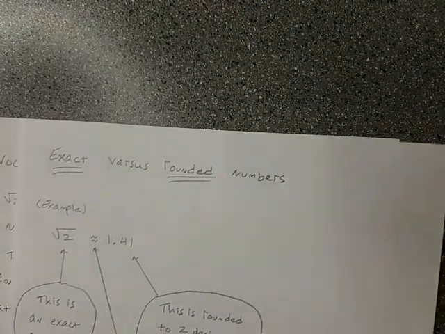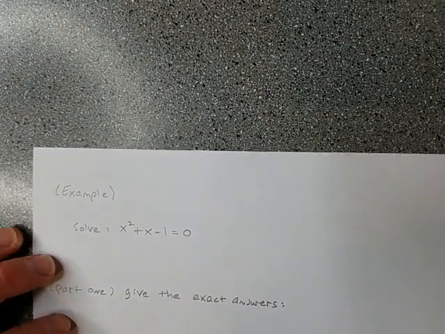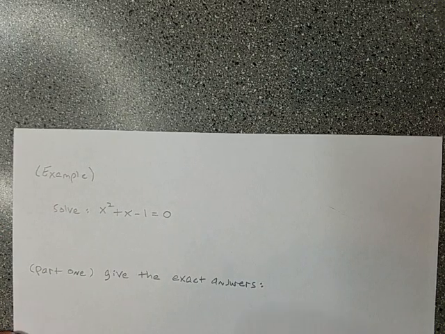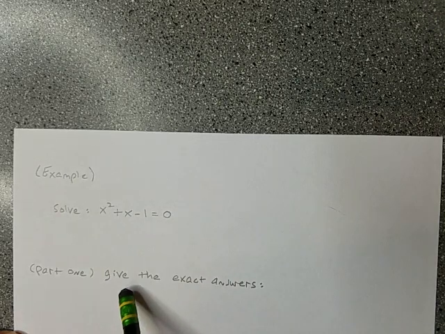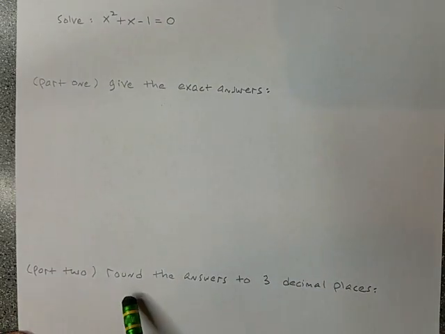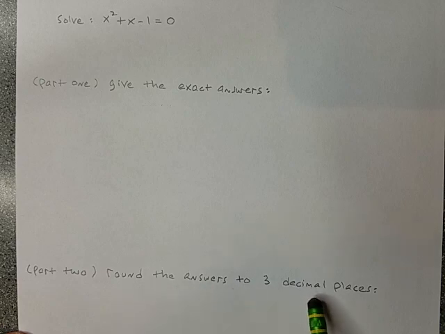Let's try an example of the way that you might see it if you're doing problems. So here's an example that I think is fairly straightforward, but still it's something kind of like what you might see in the homework. So let's say we want to solve that, and part 1, I'll give you the exact answer. And part 2, I'll round the answer to 3 decimal places.